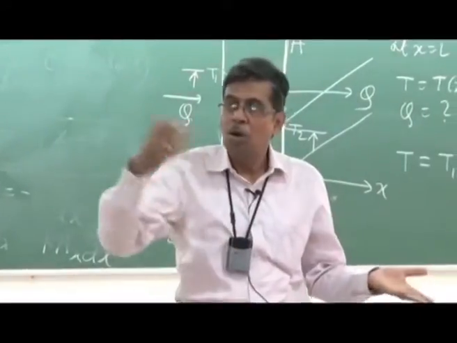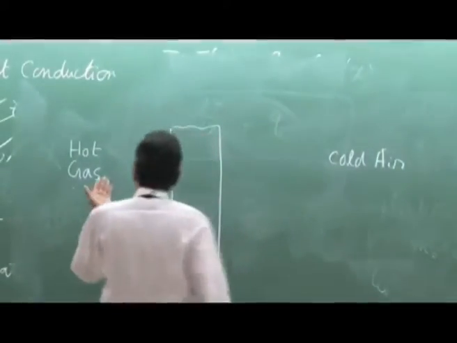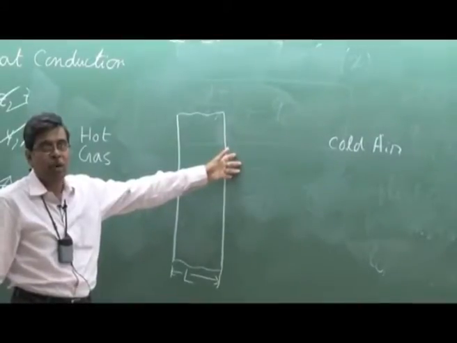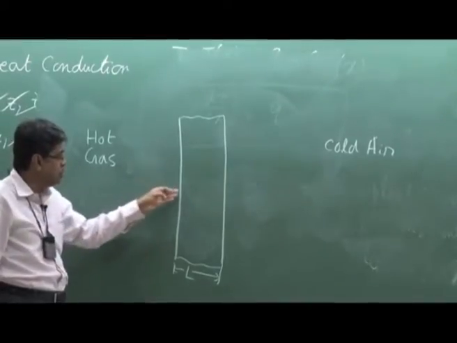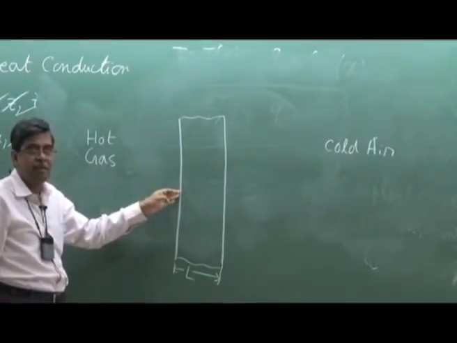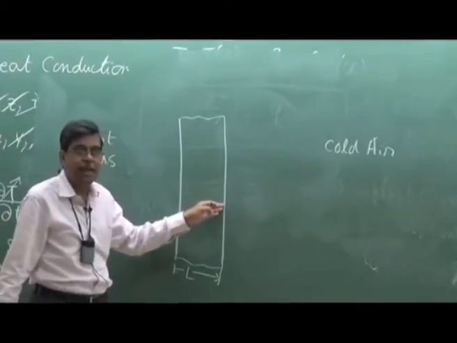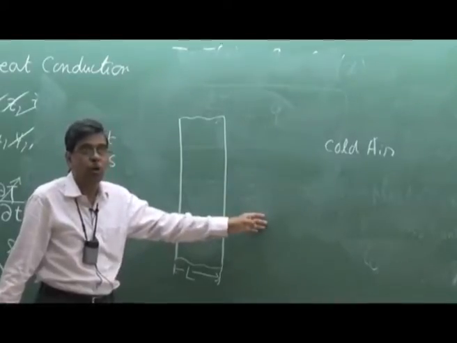Inside is cold, outside is hot, and wall of a furnace, this inside is hot gas and outside is cold air. So what happens? Heat is coming from the hot gas to this surface by convection, then it flows through the surface by conduction, and again goes to the cold air.